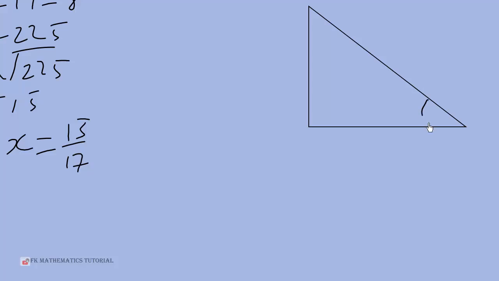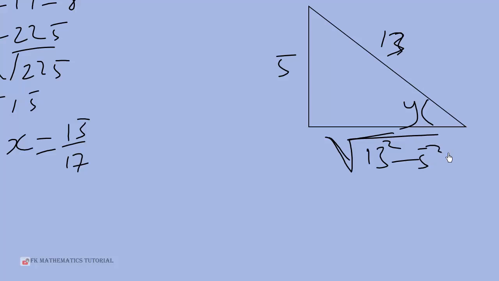Then over here too, let's say this is y. If this is y, sin y is equal to 5 over 13. So opposite will be 5 and hypotenuse will be 13. Following the same pattern, this will be the square root of 13 squared minus 5 squared, which will give us 12.